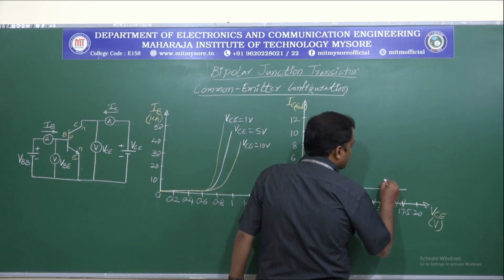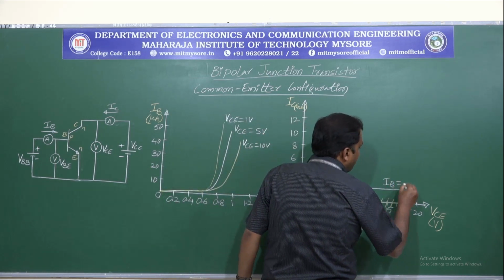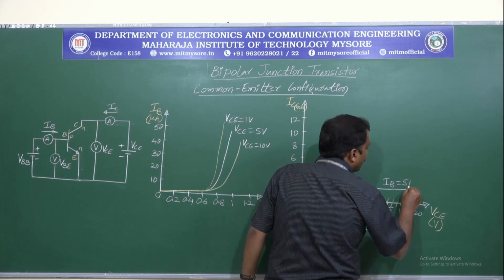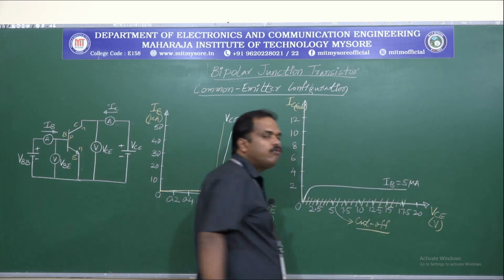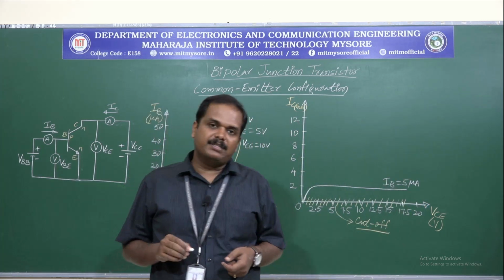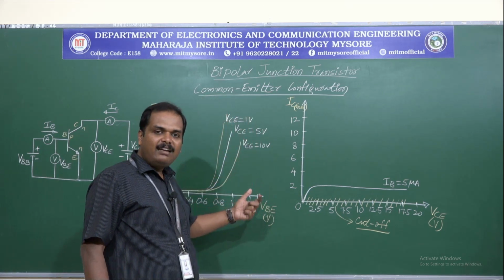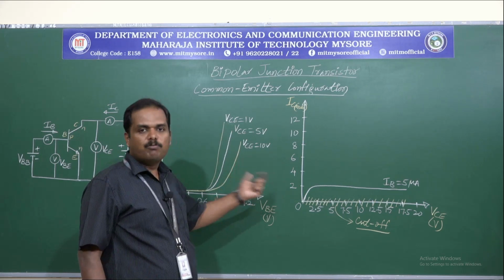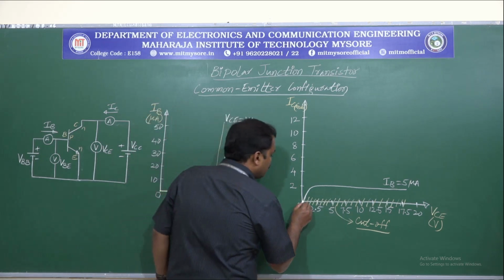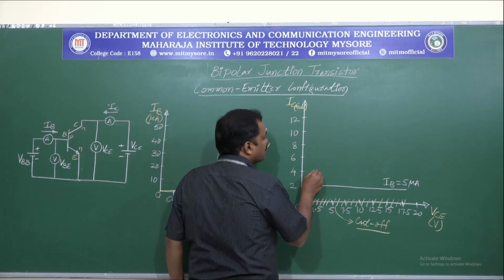Let us say this is for IB equal to 5 microamperes. And further if I increase IB, again there will be increased output current available. So it looks something like this.